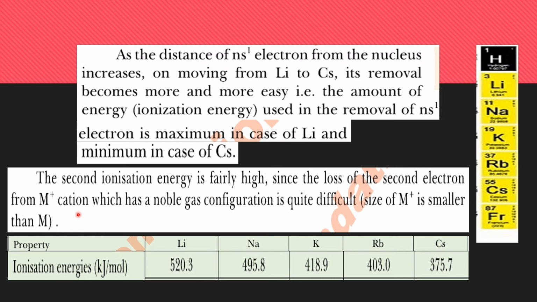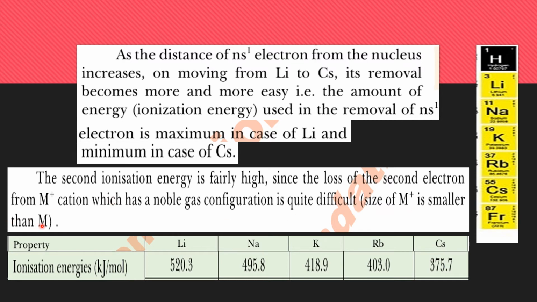So when an M positive ion is formed, and now we want to remove the second electron from this M positive ion, definitely there will be more force of attraction between the nucleus and the electrons. The pull of the nucleus on the electron will increase because the size of the positive ion is smaller than that of the neutral atom.